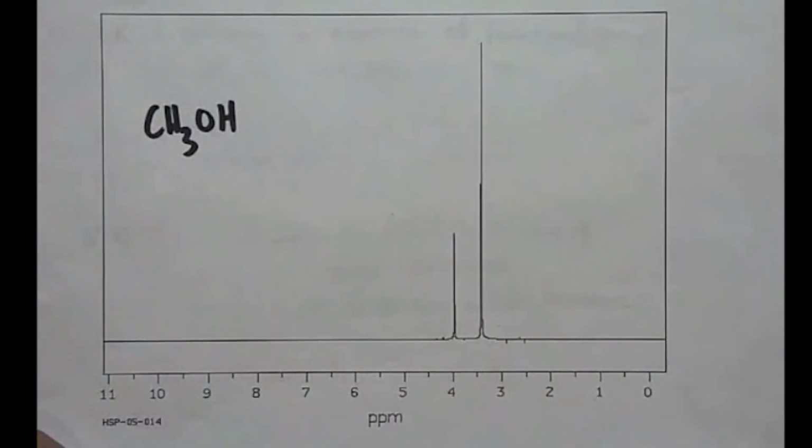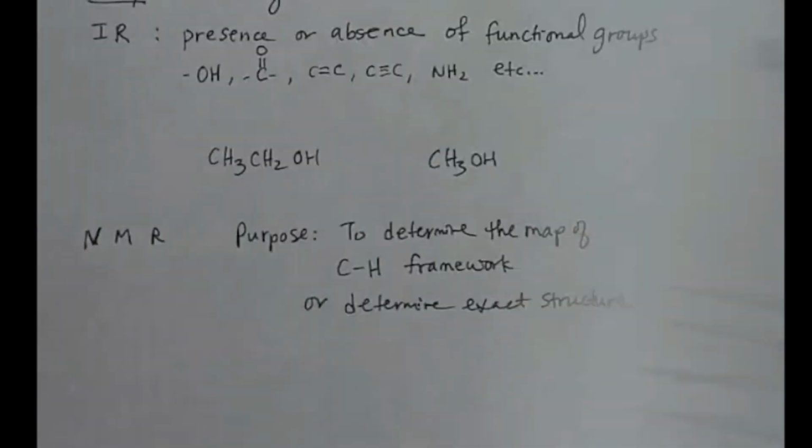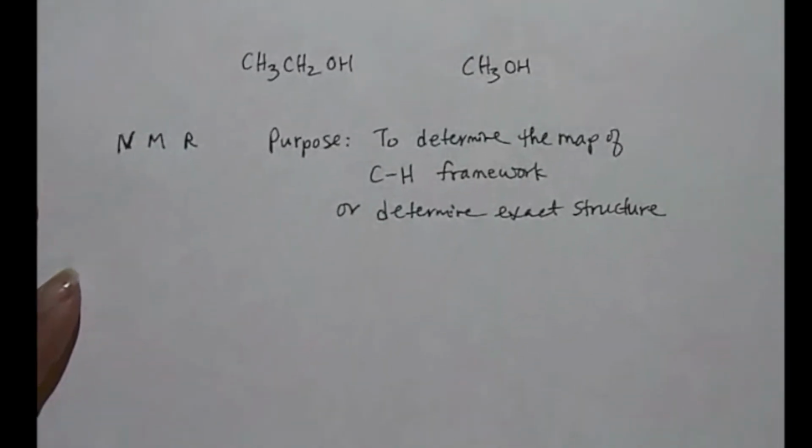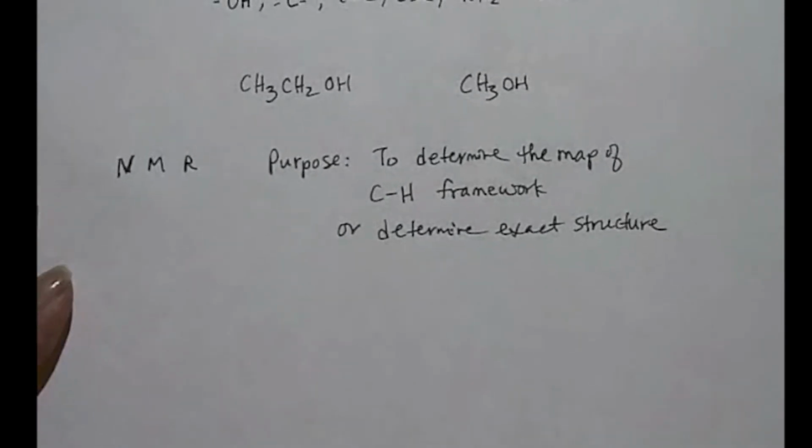Now, the NMR instrument, when operating for proton NMR, somehow, quote unquote, sees the protons and records them as peaks in a spectrum. So how does NMR see protons and record them as peaks? That how is going to be addressed in the next lecture.